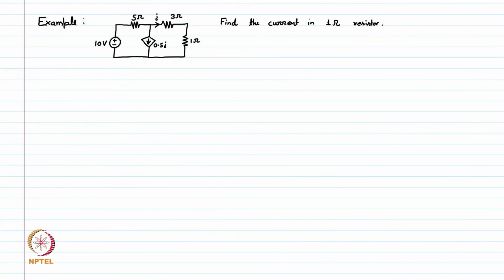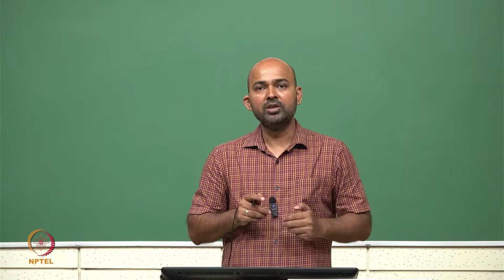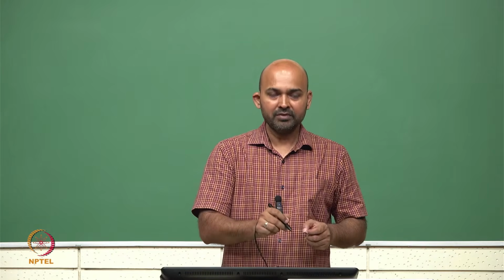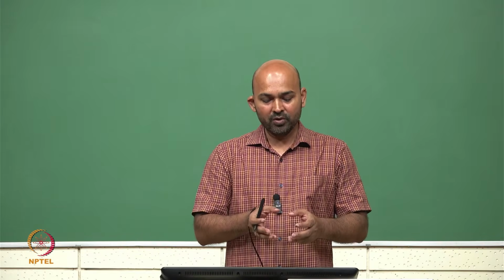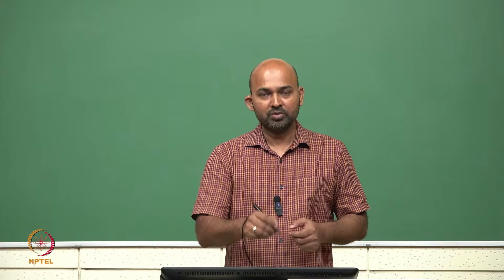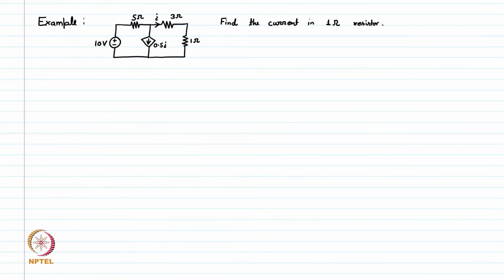Whatever is the current in 3 ohm, the value of this current source will be half of that current. So if, for example, 1 amp is flowing in 3 ohm, then half amp will be the value of this current source. This is the dependent current source we have in this example. Now, let us find out the current in the 1 ohm resistor, which we can assume as a load resistor, using Norton theorem.